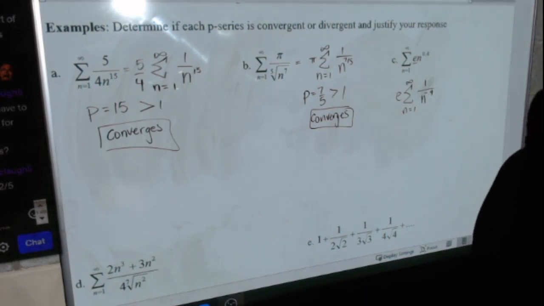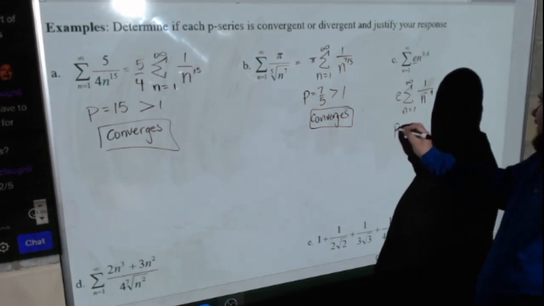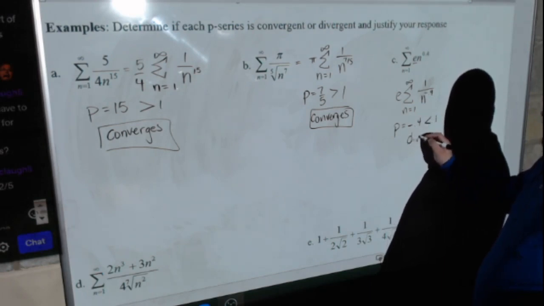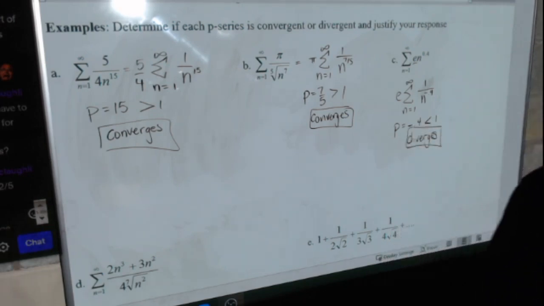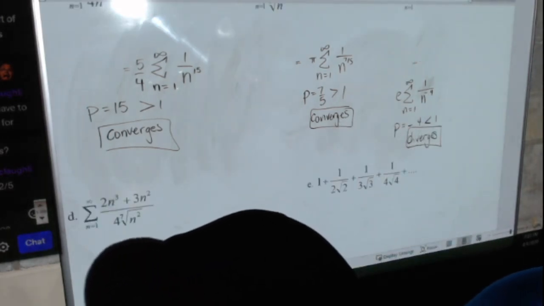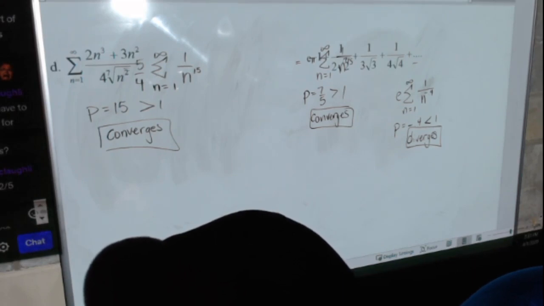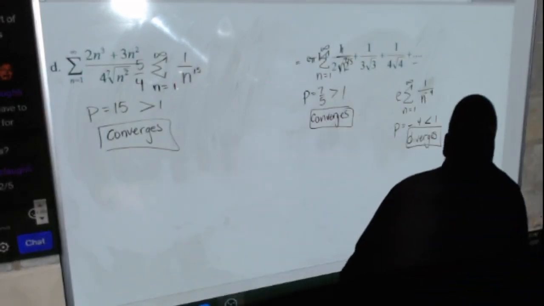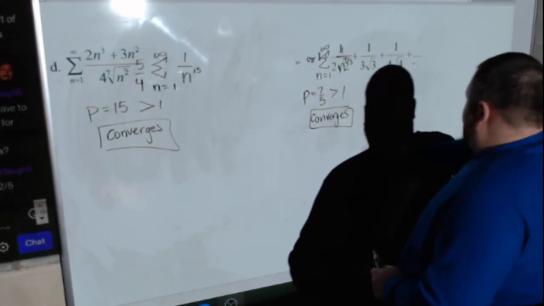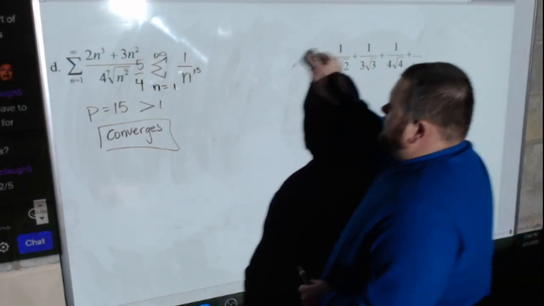Now, p in this case is minus 0.4, which is less than 1. Therefore, this diverges. Okay.